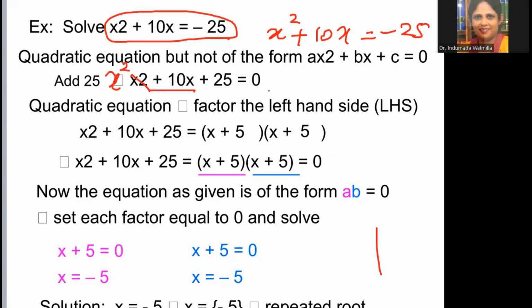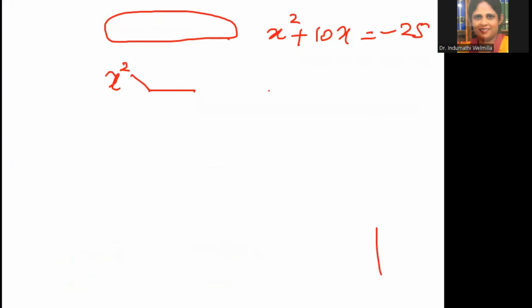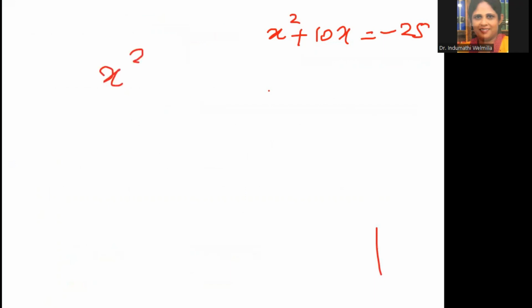So finally, x squared plus 10x plus 25 equal to 0. Then you need to find the factors for this one. It's very easy.